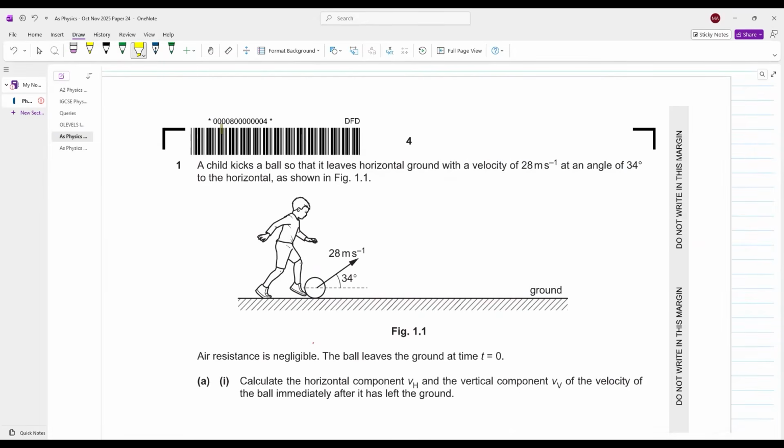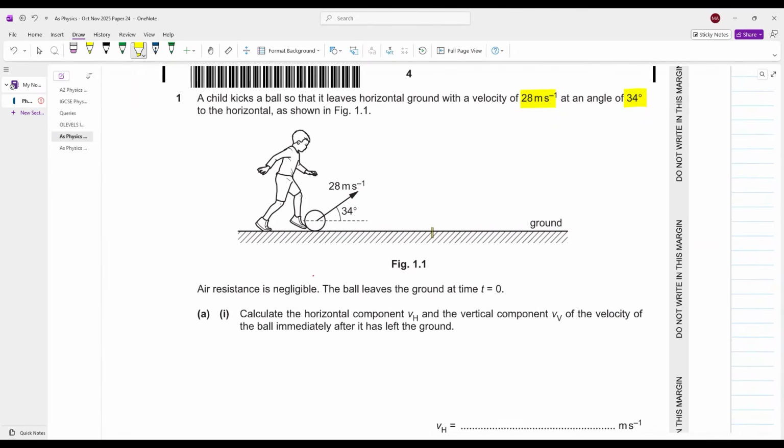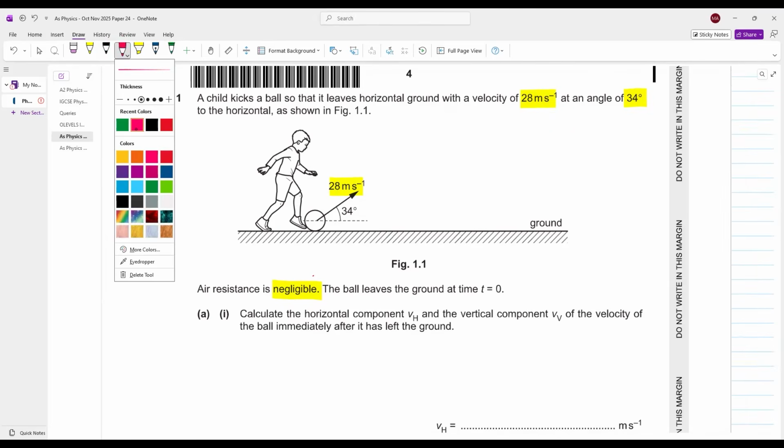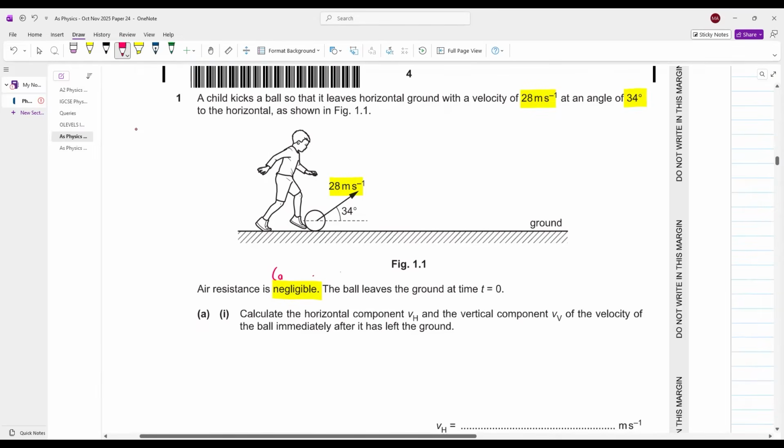A child kicks a ball so that it leaves the horizontal ground with a speed of 28 meters per second at an angle of 34 degrees to the horizontal as shown in figure 1.1. Air resistance is negligible. If air resistance is negligible, your acceleration is 9.81 meters per second square acting downward.